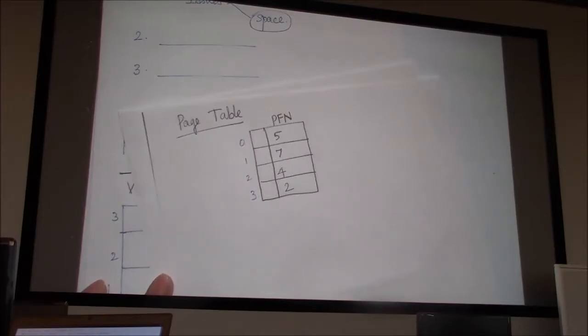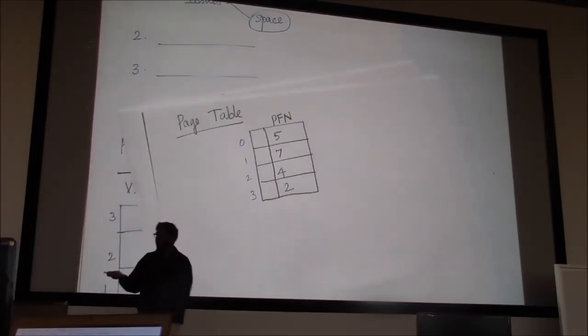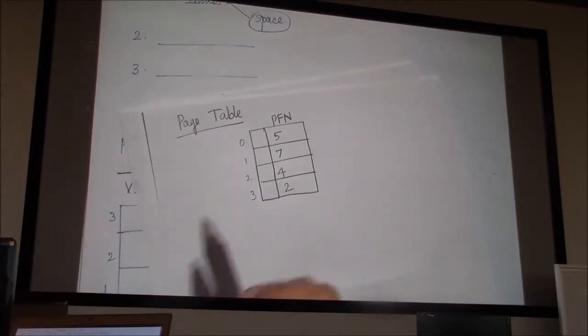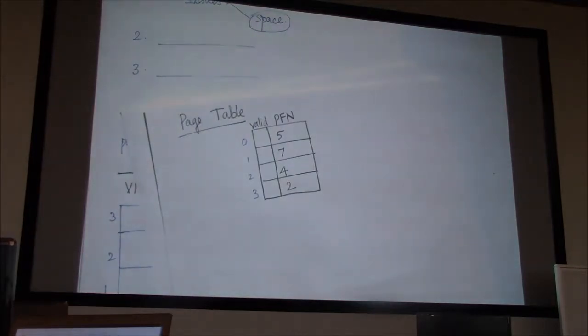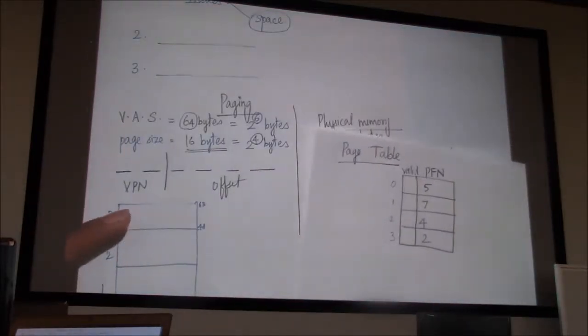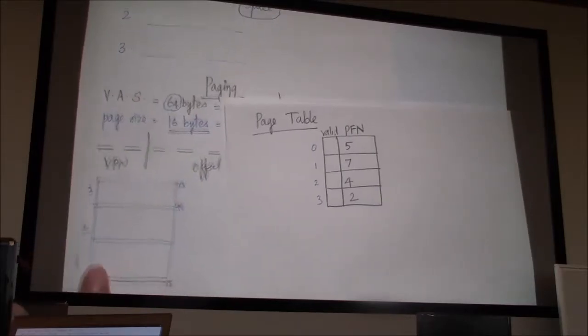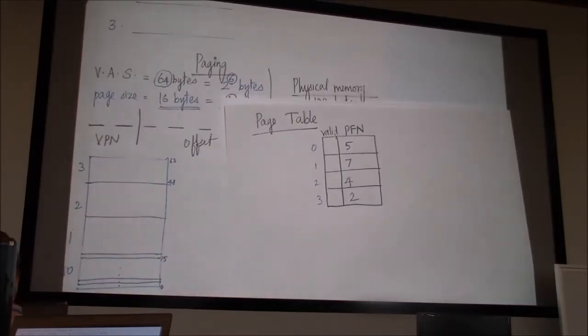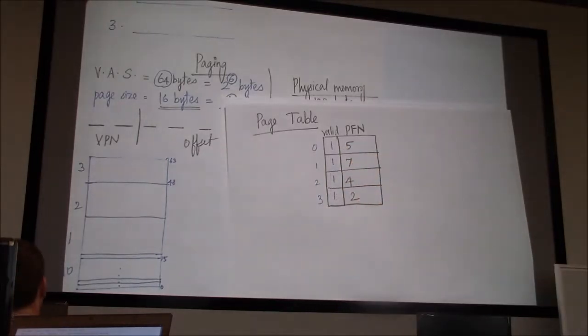Okay, and one more piece of information that we need in the page table is called the valid bit. Let's assume all four pages here are already placed in the physical memory, which means all these bits should have a value of 1.